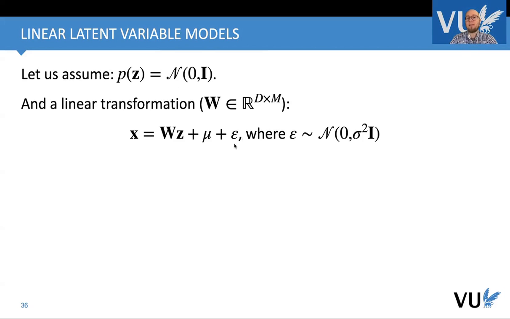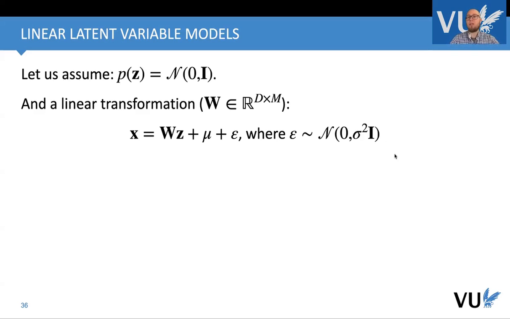And of course, we add some kind of noise to be stochastic, because we want to generate in a stochastic manner. So this noise is zero mean with some covariance matrix that has the same variance on the diagonal. All right, so this is how we define our model.